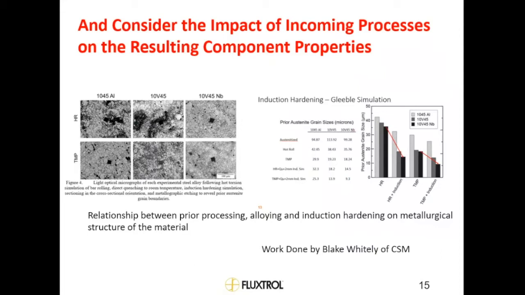What he found is, depending on different incoming structures and different incoming processes, the induction and the alloying elements would have a different level of impact on reducing those prior austenite grain sizes, which are highly correlated to the strength of the overall component. And so you can see that all these factors are interrelated, and what's going on beforehand really affects the final property.